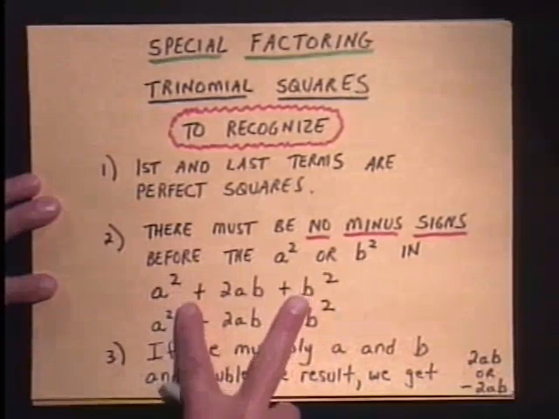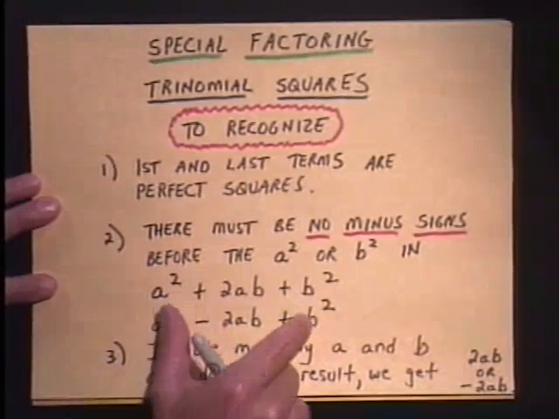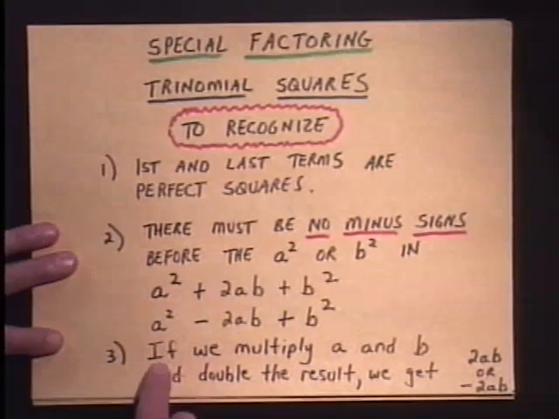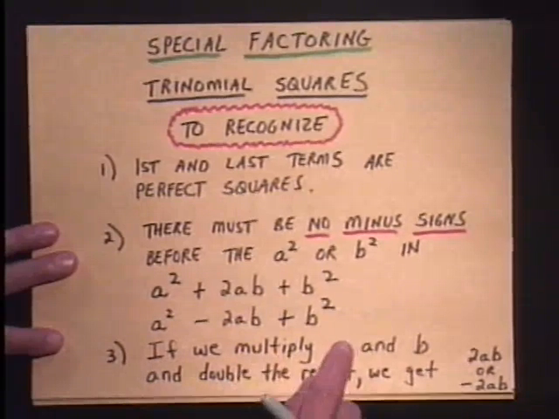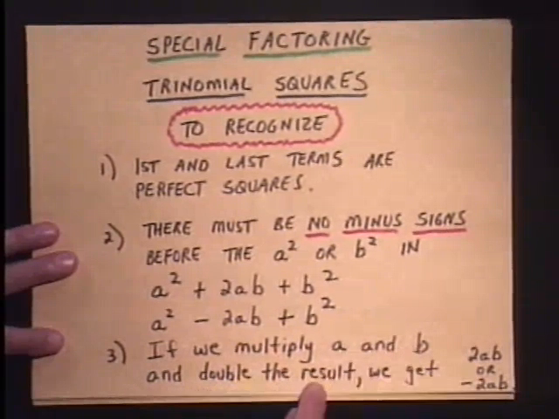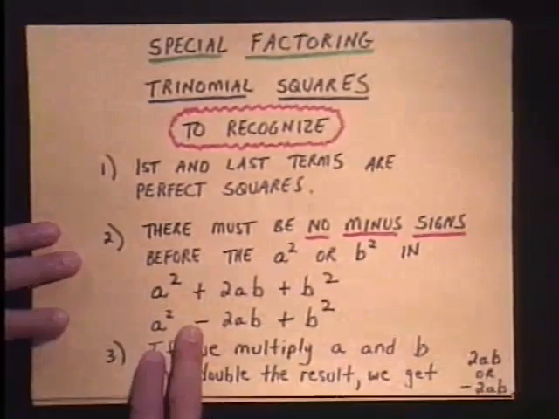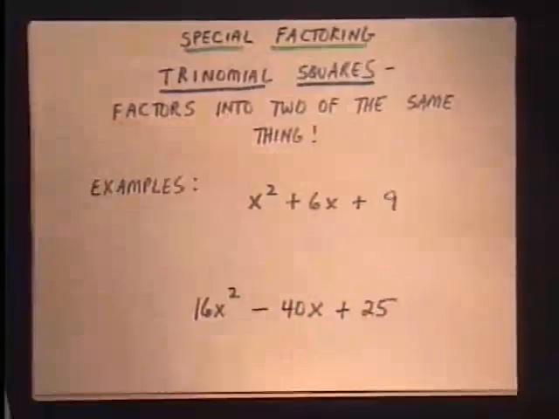So notice on these last two, there are no minus signs before the a squared or the b squared. And part 3, when we go to check these, if we multiply a times b and double the result, we get that middle term. And we'll see why that works in a second. So let's go to some examples with trinomial squares.